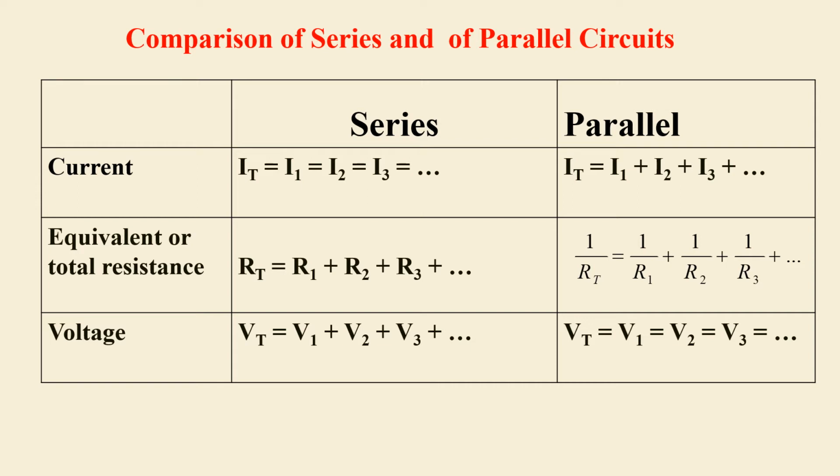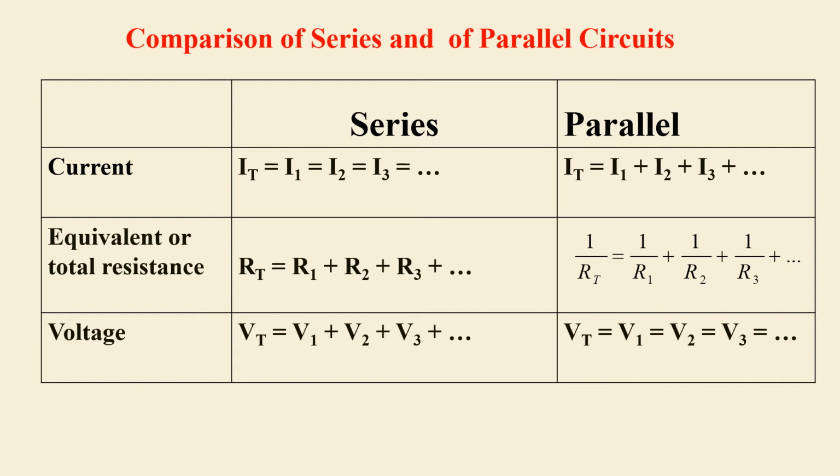Here is a comparison of series and parallel circuits. For the series circuit, the total current is just equal to the individual currents, while in parallel, the total current is equal to the sum of the individual currents. In a series circuit, the equivalent or total resistance is the sum of all the resistances.